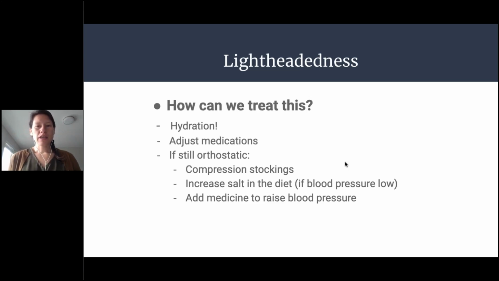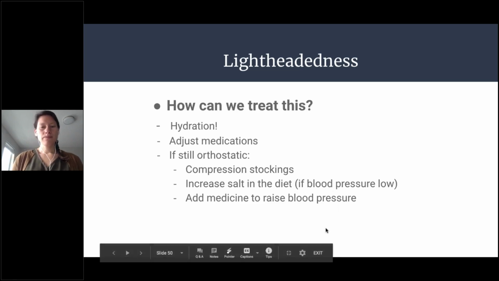The one thing to be aware of is we usually don't recommend taking those at bedtime, because when you're lying down your blood pressure will go up, and we want to avoid something called supine hypertension, or having the blood pressure get too high when you're lying down. So usually if we're going to prescribe those medicines, we'll also recommend that patients lie with the bed propped up at least 15 degrees.